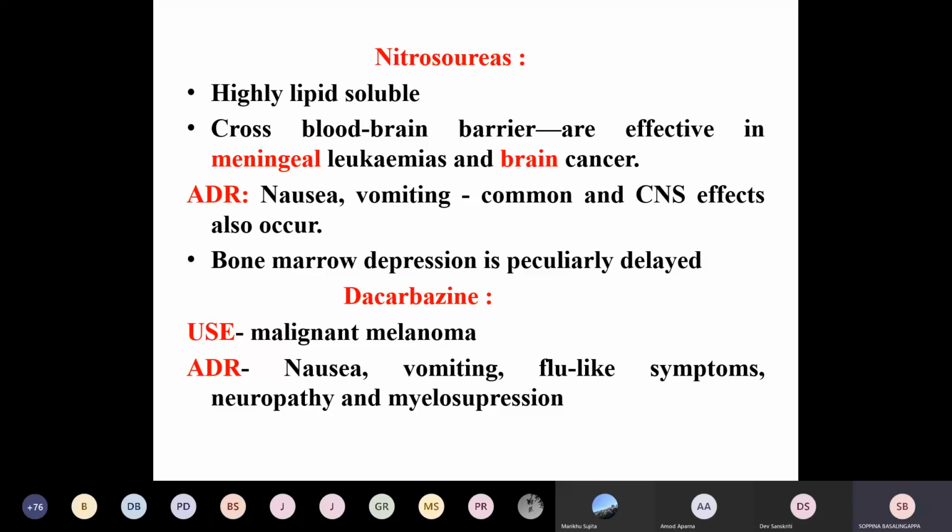Adverse reactions: nausea and vomiting, which are very common, and CNS effects because these drugs cross the blood-brain barrier. Bone marrow depression is delayed because, being lipid soluble, the drug goes to other tissues. An example is dacarbazine. It is used in malignant melanoma; adverse effects are nausea, vomiting, flu-like syndrome, neuropathy and myelosuppression.